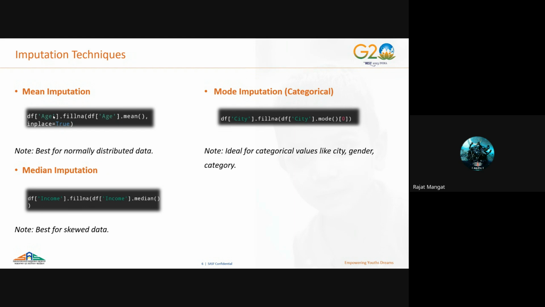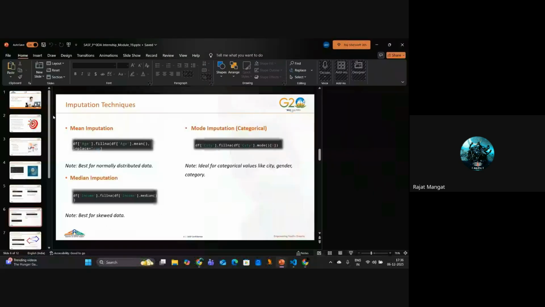And if you want to fill the city with mode, then you can use mode. Ideal for category values like city, gender, and category, the values that categorize. So if you see column names like gender, city, and category, try to fill them with mode values if you want to fill missing values. So let's see how it works.